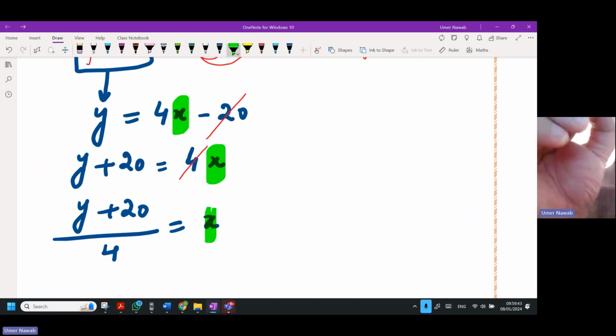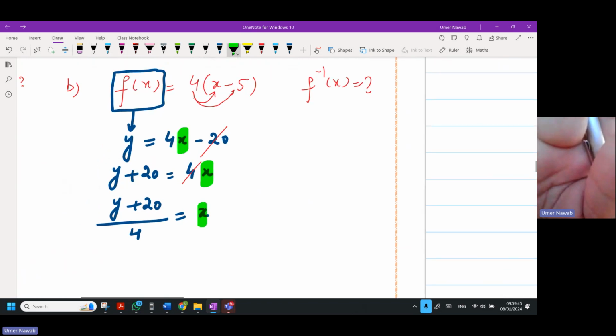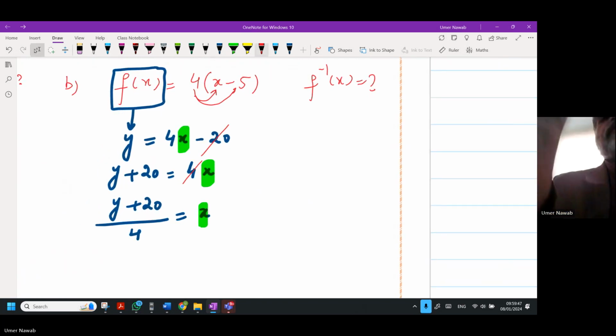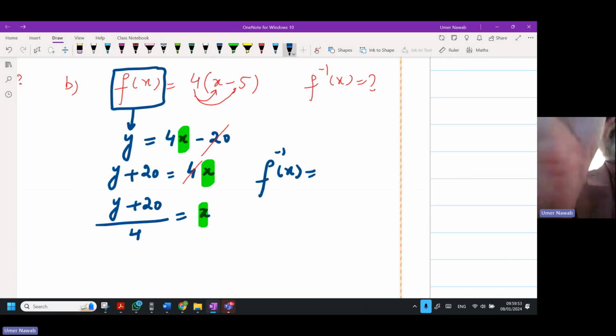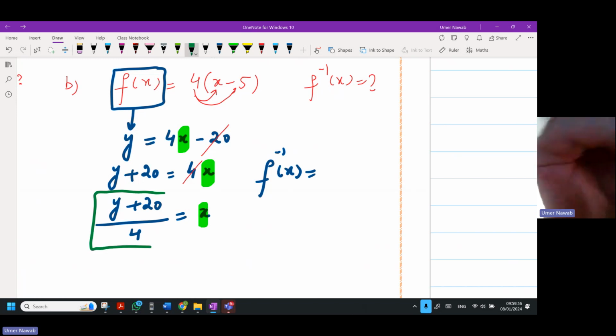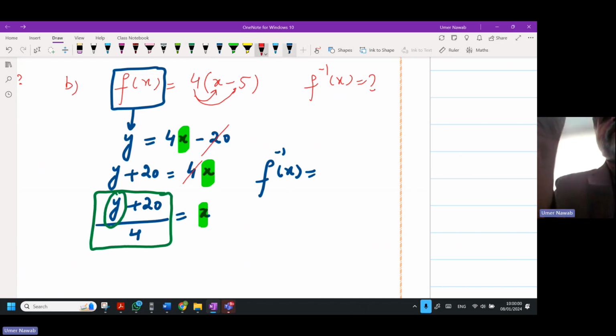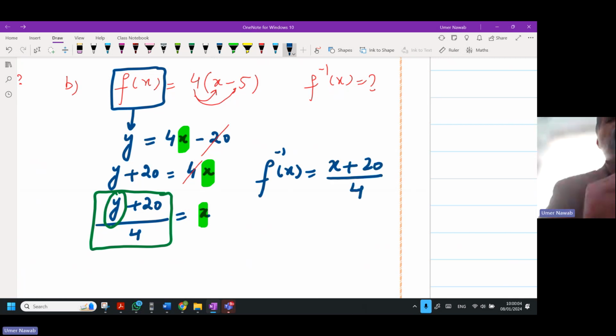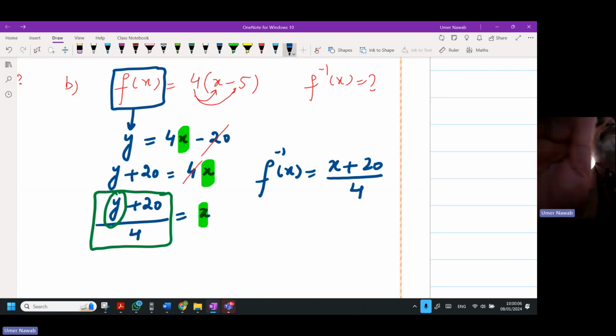Now my x is alone. What is my inverse function now? Come on guys, my inverse function is, just replace y by x. So I'm going to write here x plus 20 whole over 4. This is my inverse function.